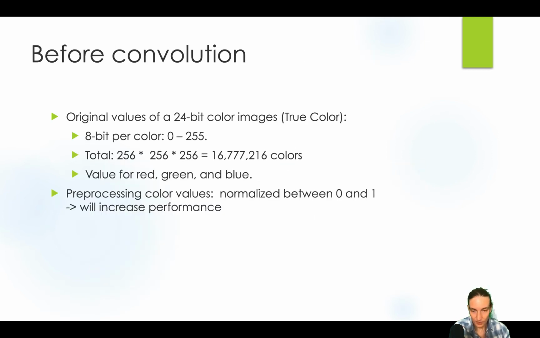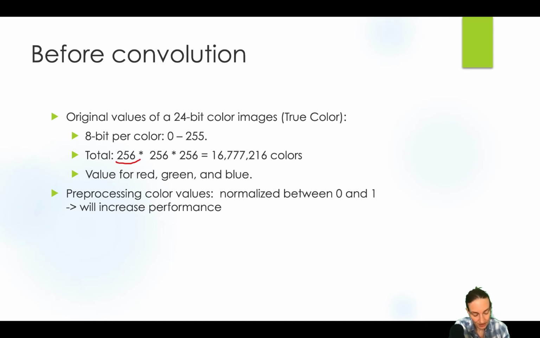So, why do we use convolution? Now let's look back at the color image. 24-bit color image, which is what we call these days true color. This means that 24 divided by 3, we have 8 bits per color. 8-bit could be 0 to 255, so 256 values.